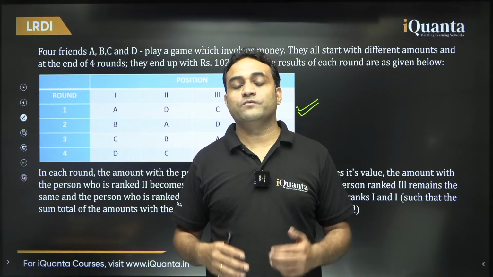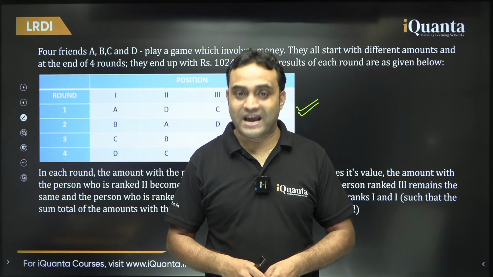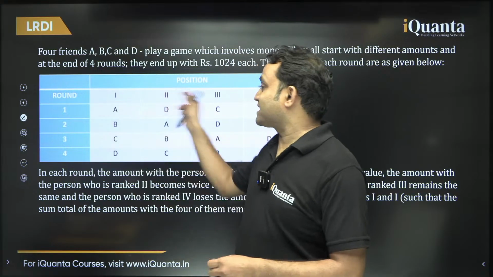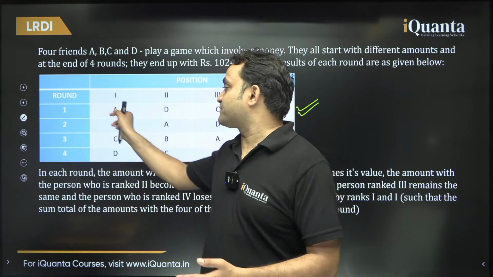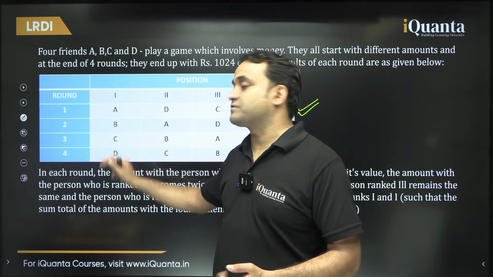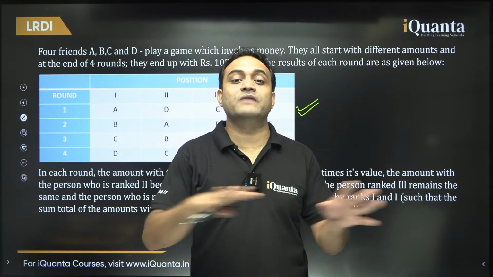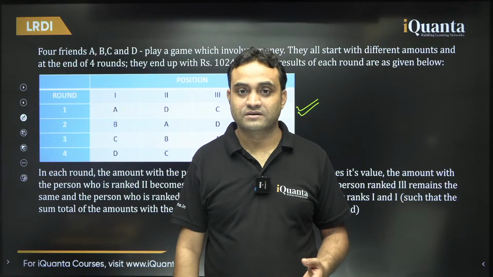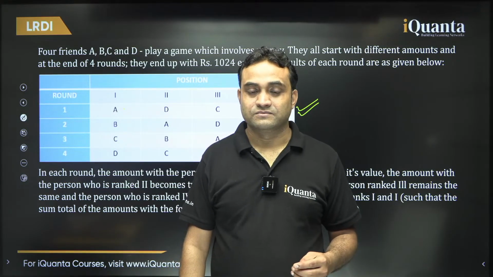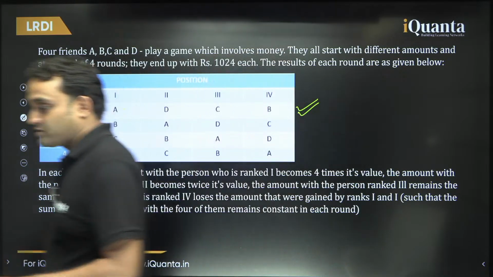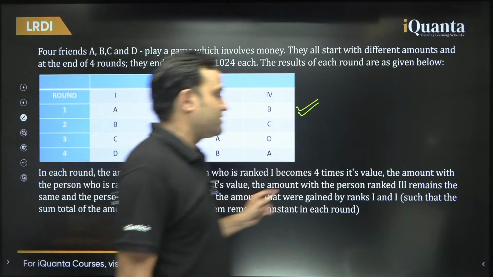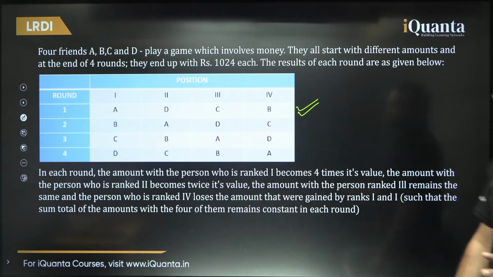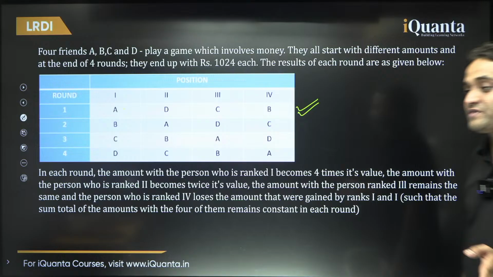If they are playing the first round and they have some ranking, this ranking must denote before the first round, because if it is after the first round, after second, after third, after fourth, all of them have equal amounts. So it does not make sense. That's why it says the results of each round are as given below. So that is on the basis of the rank.